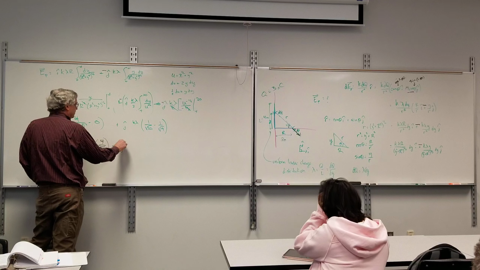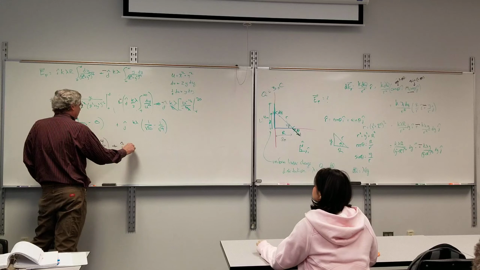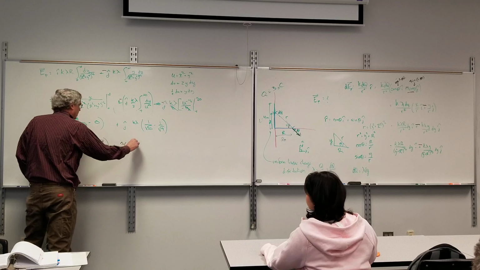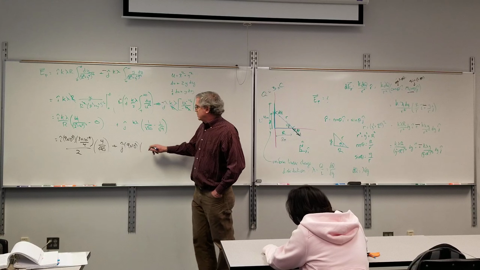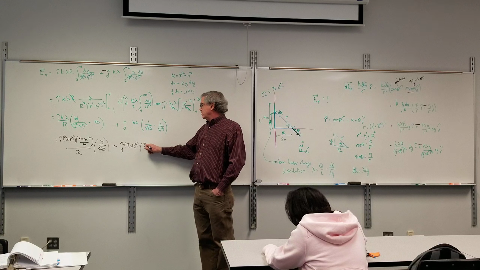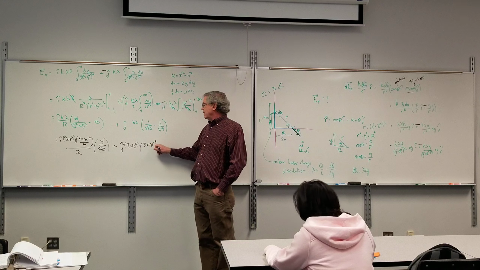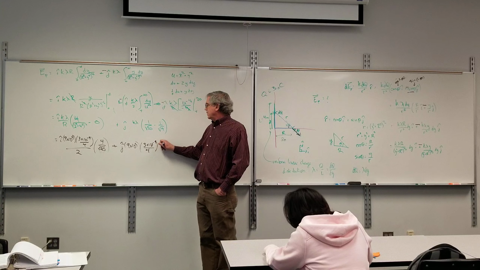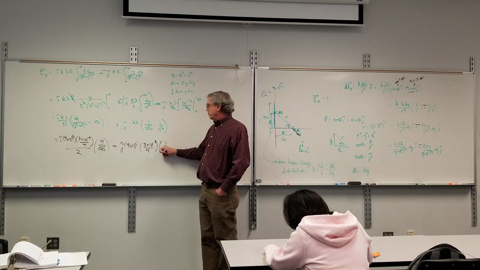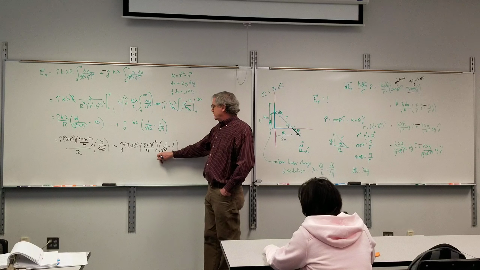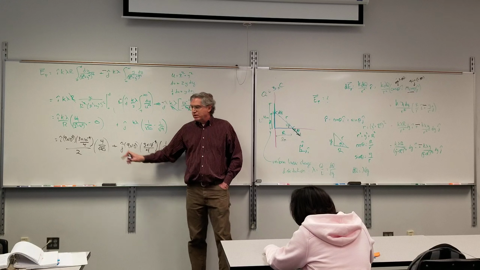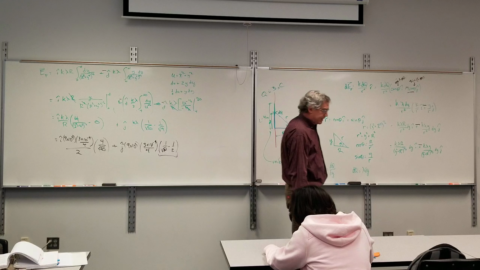Plus j hat, 9 times 10 to the 9th, times the linear charge density, 3 times 10 to the negative 9th over 4, times whatever radical 20 minus 1/2. This is negative, which is what we would expect, because we do expect a negative j hat.